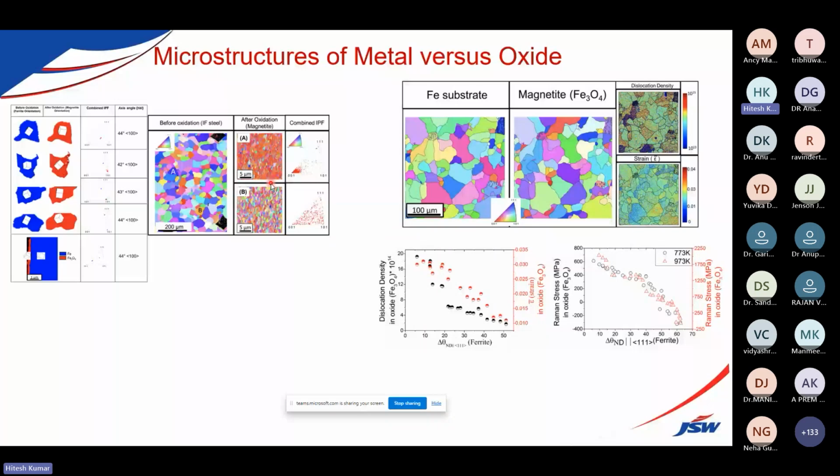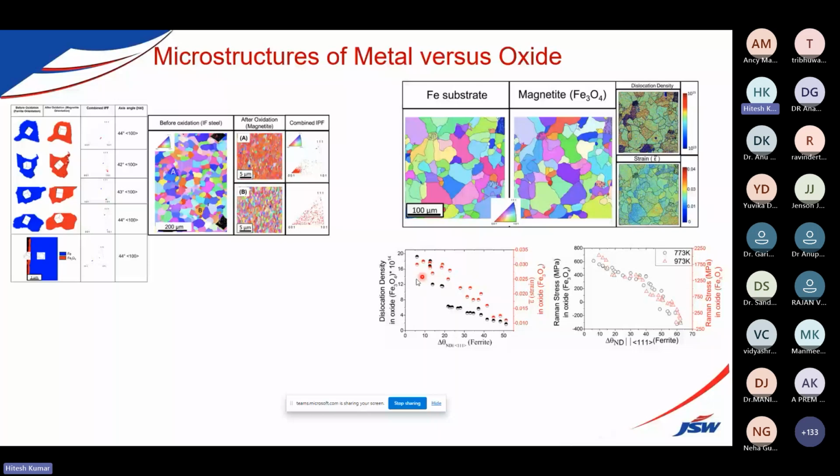So why is it happening? To find out, we calculated the Voronez's strain as well as the dislocation density inside the material. One is the ferrite substrate, another is the magnetite. What we observed is that when we have a gamma fiber grain, the overall dislocation density in the Fe3O4 grains is quite high. That basically leads the material to form more oxide scale.